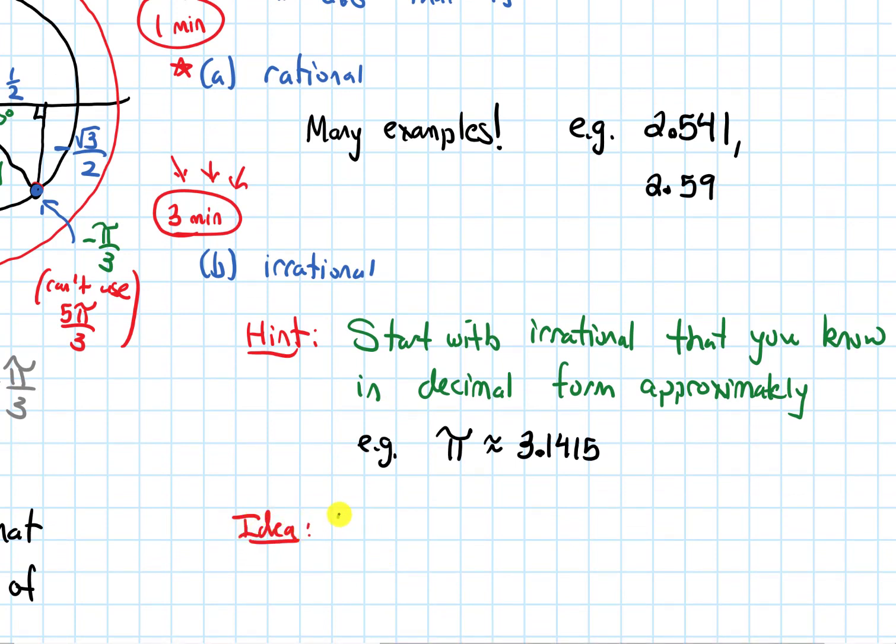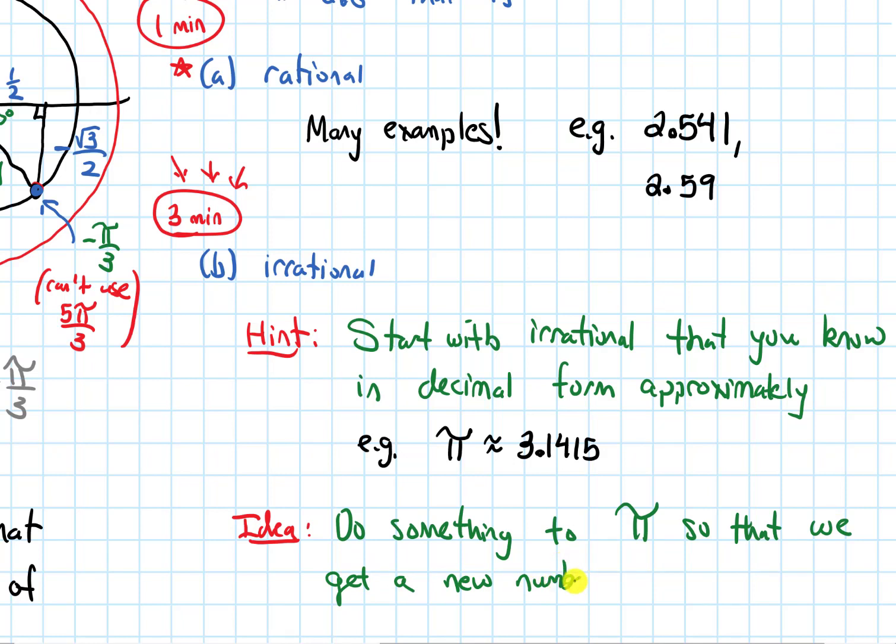Alrighty. So my idea now is going to be to do something to pi so that we get a new number that's between 2.5 and 2.6.